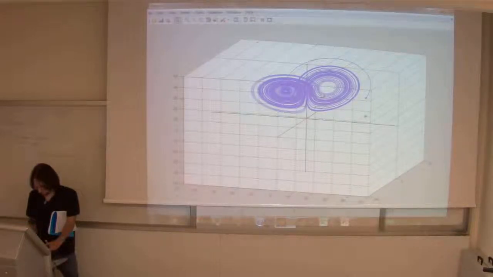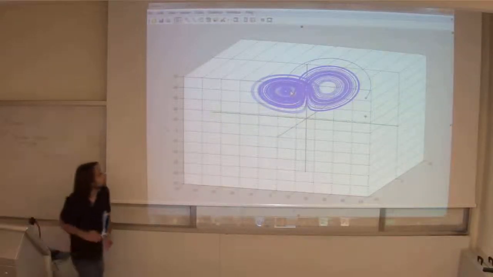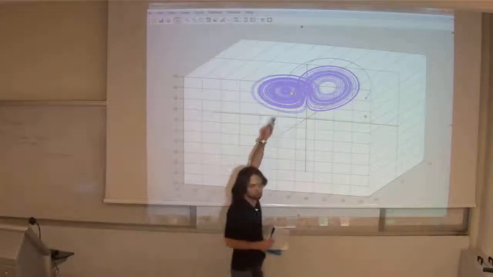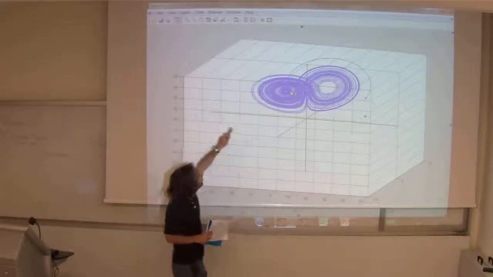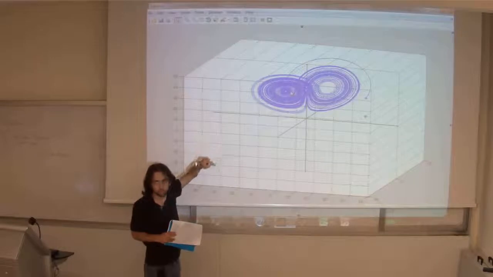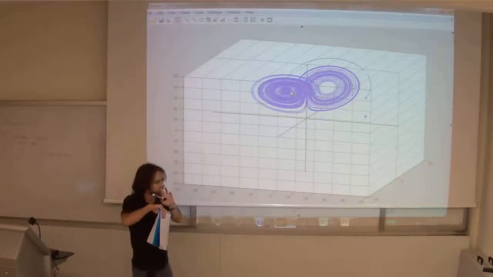So here, look, there is this trajectory. We cross into the second lobe, and here in the second lobe we will do a few cycles, and then cross back into the first lobe, and do a few cycles, and cross back again. And this would go on forever and ever. Never repeating, never intersecting a trajectory.